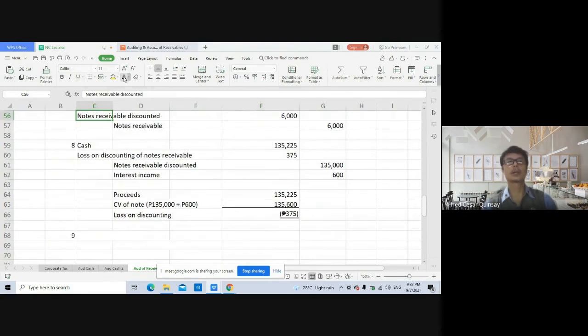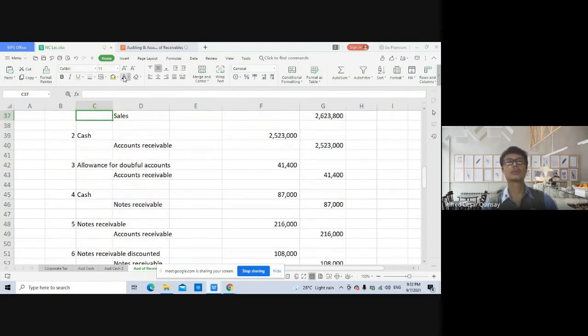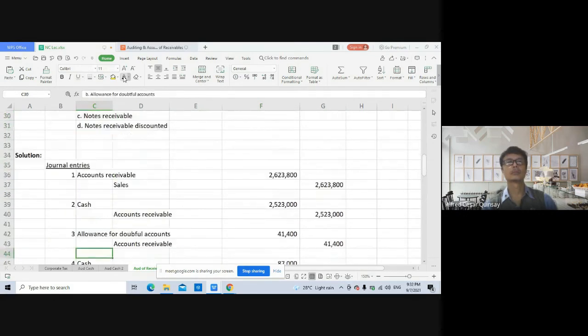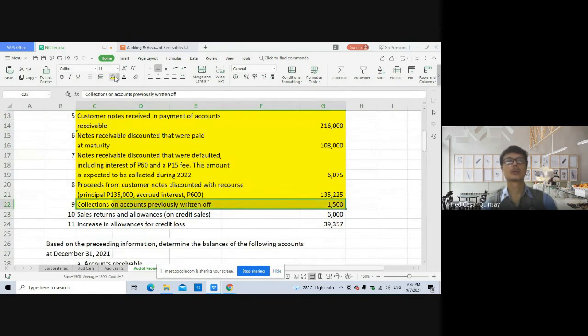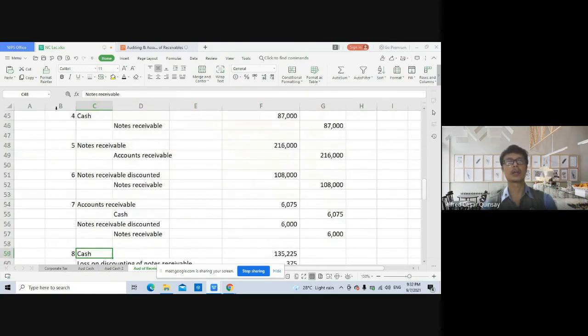And then number 9, ito. Okay, number 9 is collections of accounts receivable previously written off. That's 1,500.